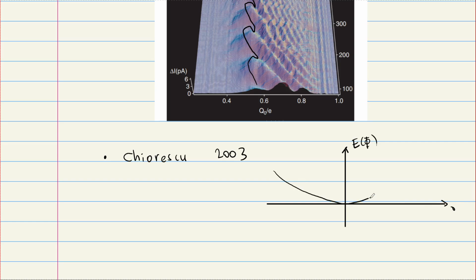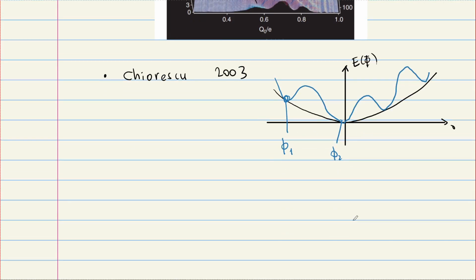There was a quadratic potential, and inside the quadratic potential we had these minima. And what these guys can do is, there's some flux here, let me call this phi 1, another flux minimum phi 2. If you want, this is zero flux, one flux, and they create a superposition like this, a superposition of psi m and psi m plus 1.